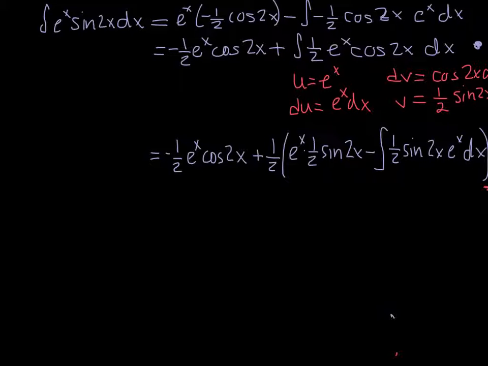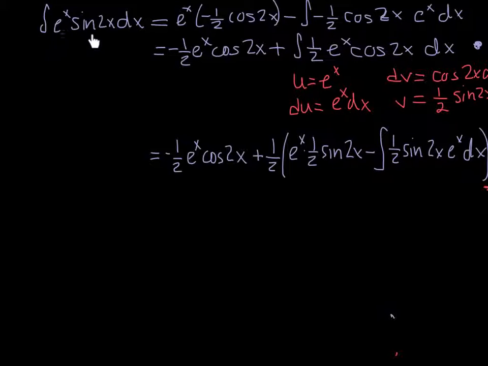I'm going to stop a little bit here because I want you to see something that is quite important for this kind of integrals. As you can see, we have another integral to obtain, but I would like you to see that this is sine of 2x times e to the x. But this is the one we had at the beginning.